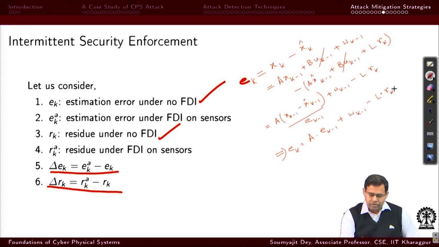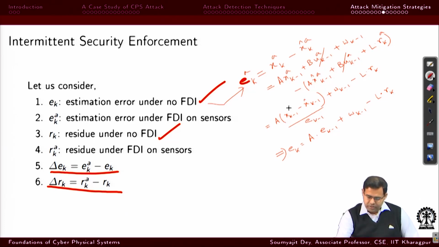Now, this is when there is no FDI happening, and similarly we want to figure out the estimation error when there is actually FDI happening. So, let us understand what will happen. Then you have the state under attack, the control under attack, and everything under attack here, the residue under attack.